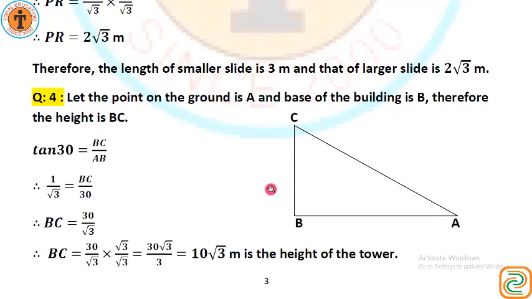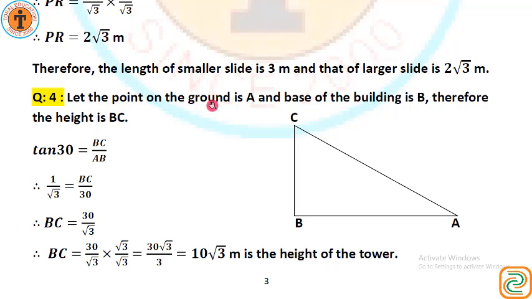We will find out BC. So we are given 30 degree and this distance AB is 30 meter, not 3 meter.